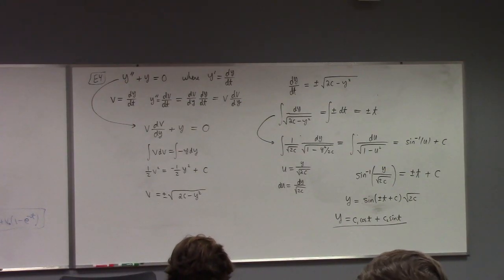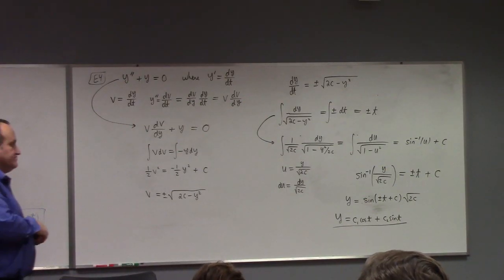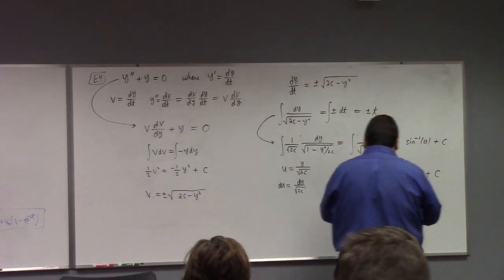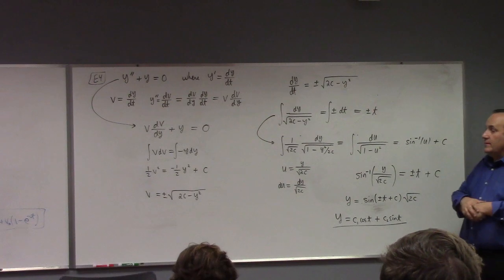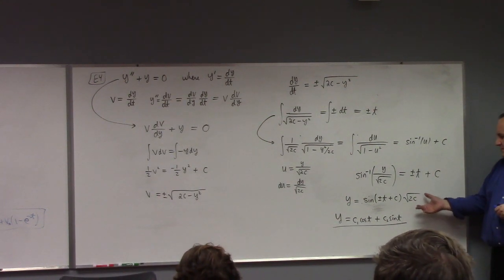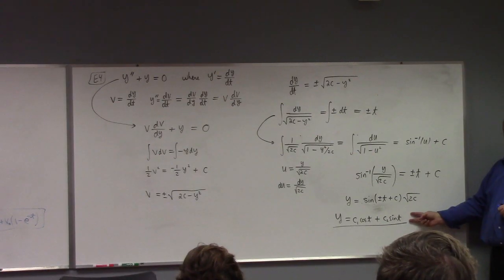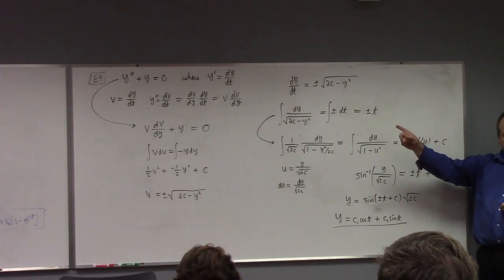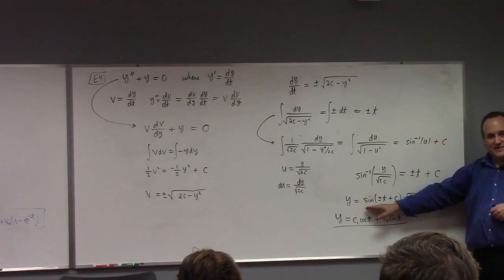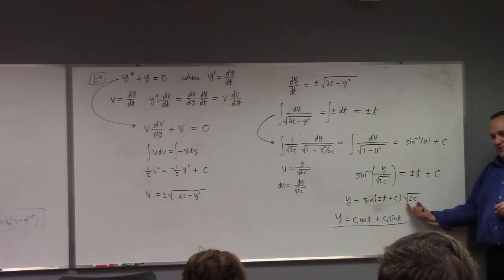Yep. So is the goal to get it to a point where you can find an easy trigonometric function or something to integrate it more easily? Well, as a point of order, I wanted to write the final answer like that. Because if you have a problem where you're trying to solve the differential equation y prime prime plus y equals 0, you don't want to cast your general solution as sine of plus or minus t plus a constant, times the square root of twice that.